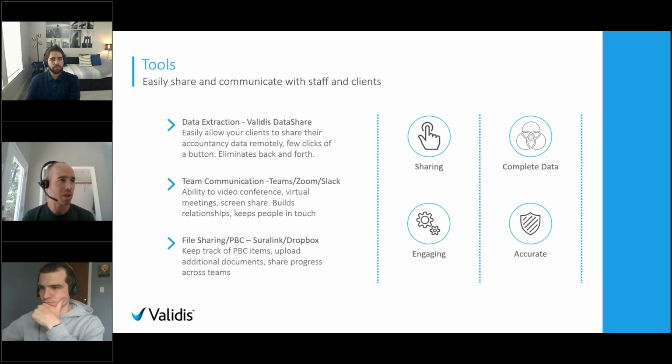Those are the 3 things we would suggest you look into, and I would emphasize making sure they're all web-based applications, which most are today anyway. Regardless of the size of your organization, I would push for web-based, because it helps with sharing, making sure you have complete and accurate data, and engaging both your staff and your clients.